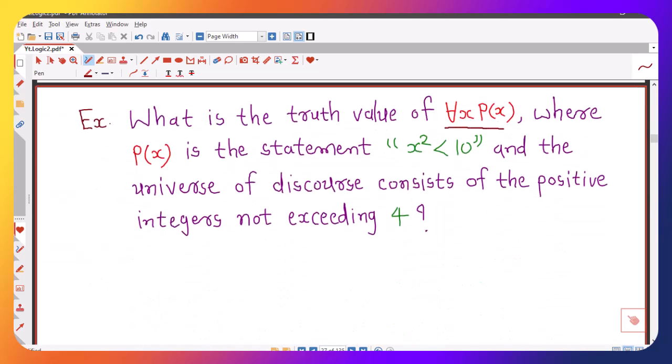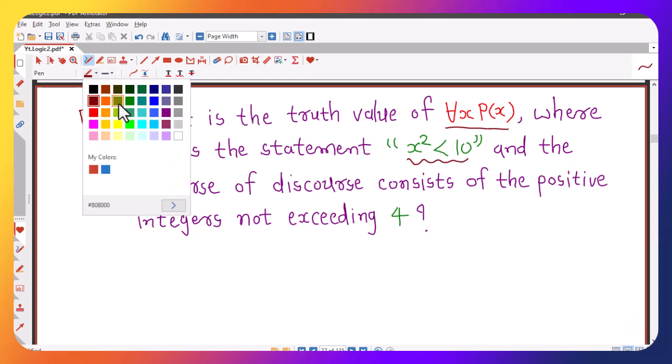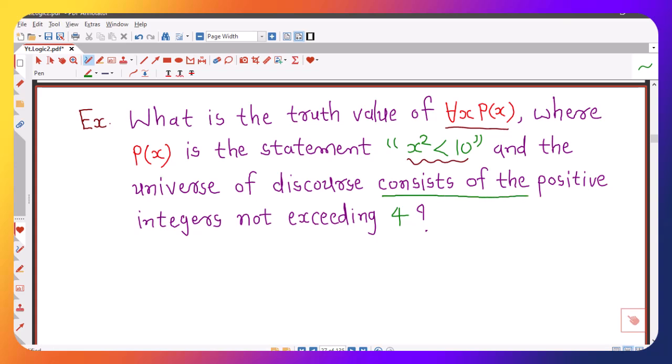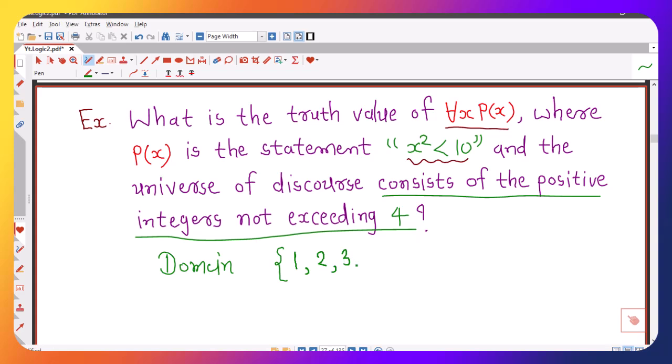What is the truth value of the quantification for all x P(x), where P(x) is the statement x square is less than 10 and the universe of discourse consists of the positive integers not exceeding 4? So here the universe of discourse or domain is the positive integers not exceeding 4, that is we have to consider 1, 2, 3 and 4, we cannot consider 5.